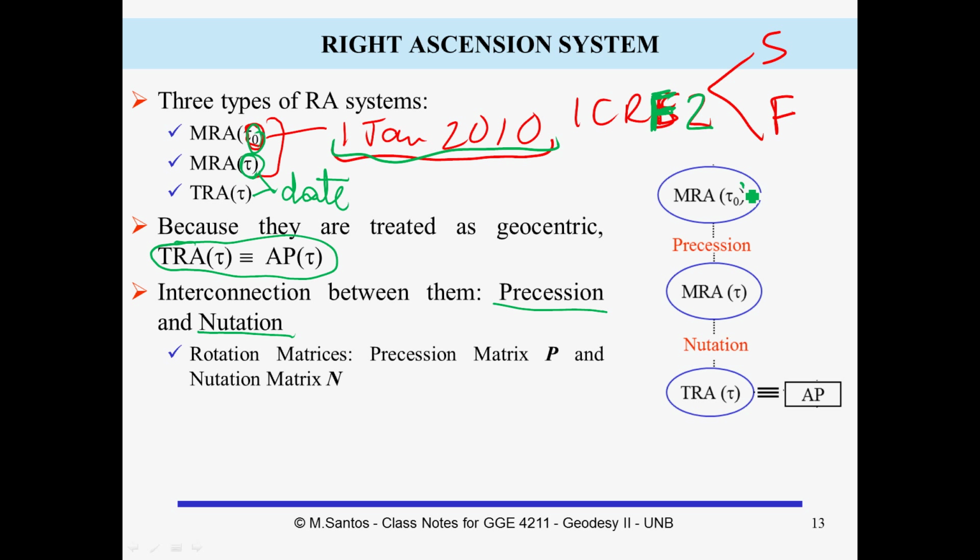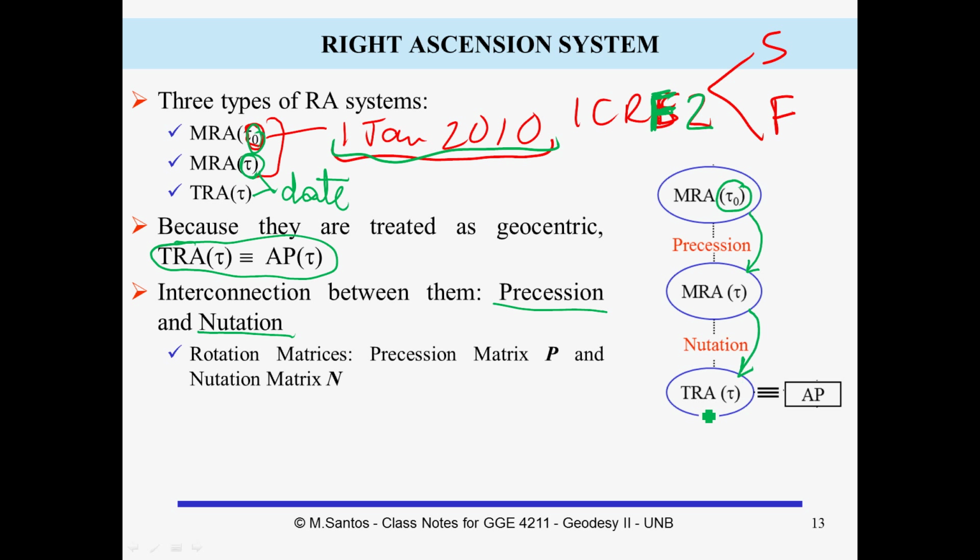The treatment of precession and nutation is done by means of rotation matrices, and the rotation matrix for precession is usually in literature referred to as the P matrix, and nutation is the M matrix. So I can advance one more slide here. Okay, not too far. Here we are.